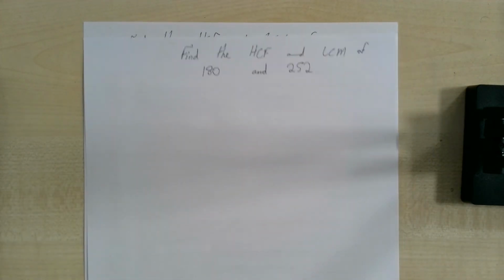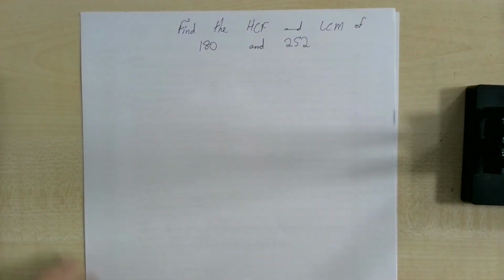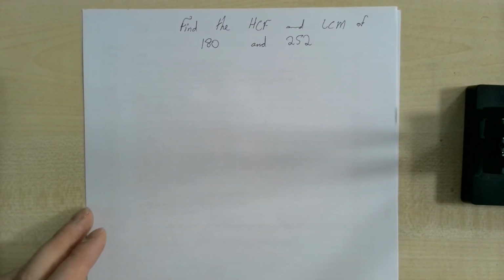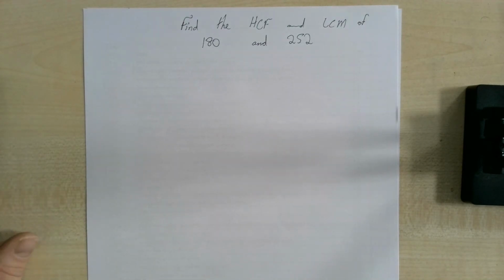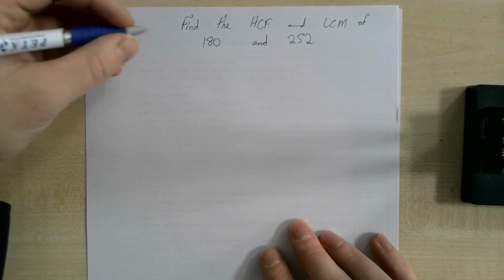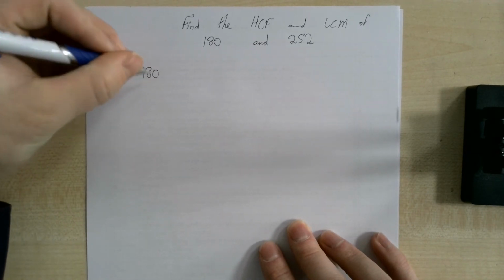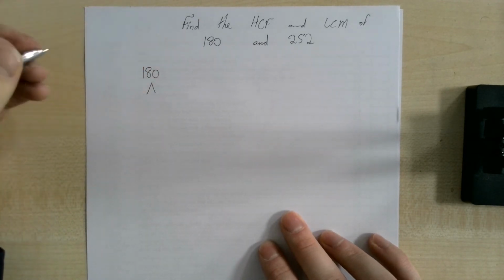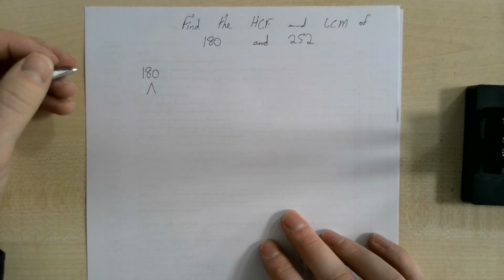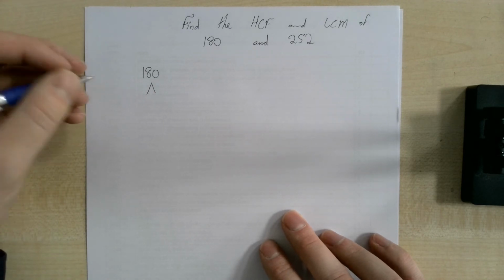Have a go at this question for yourselves. Pause the video, resume it when you're ready, and see if you've got it right. Okay, so your first step should have been to take 180 and express it as a product of its primes.